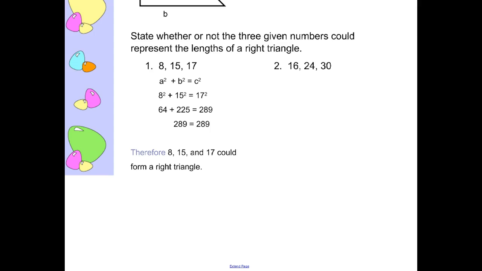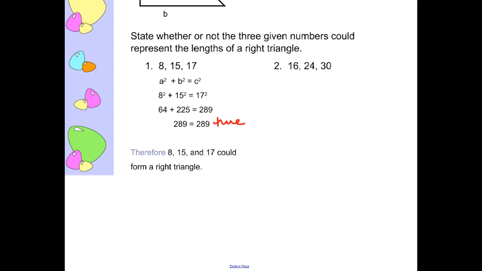So we plug them in: 8 squared plus 15 squared equals 17 squared. 64 plus 225, and 289 does equal 289. Since we got a true statement, these 3 sides could form a right triangle.